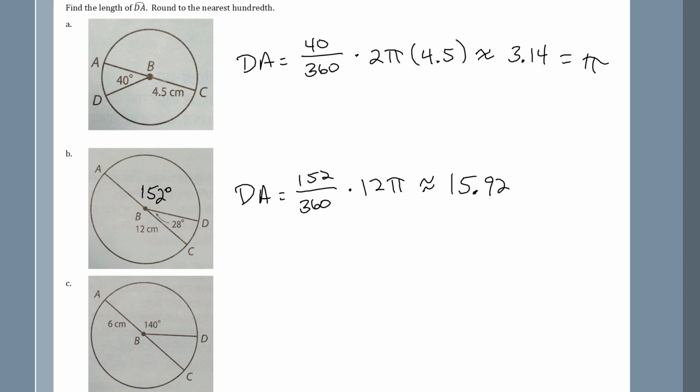All right, AD, again, pretty simple problem. DA equals 140 over 360 times 2 pi times 6.